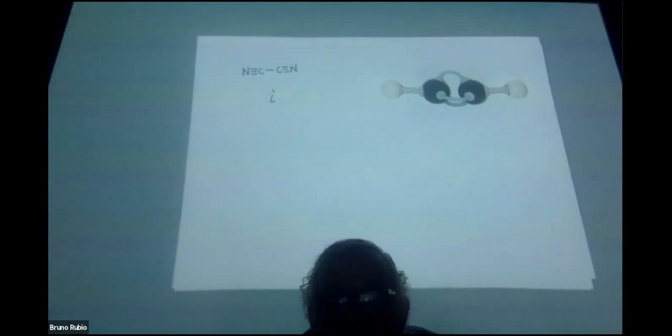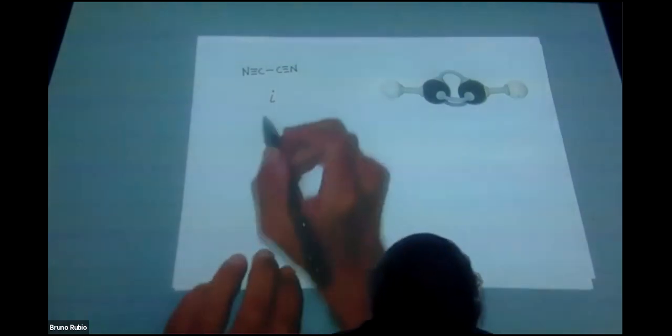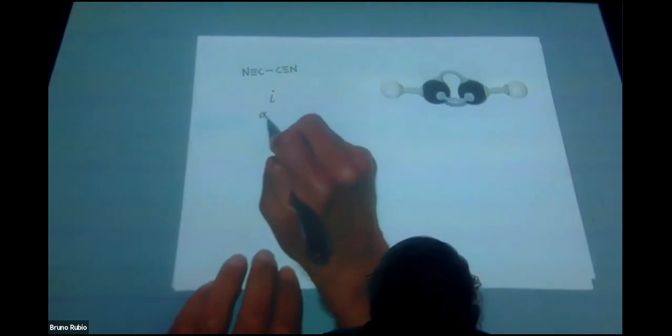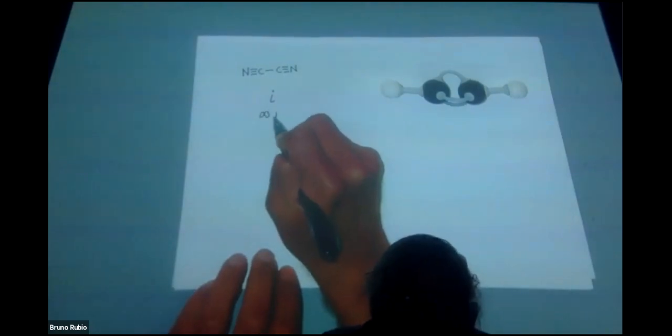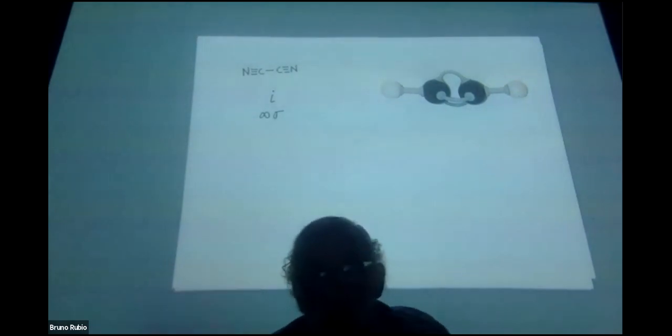It has an infinite number of planes of symmetry. So cyanogen has an infinite number of planes of symmetry.